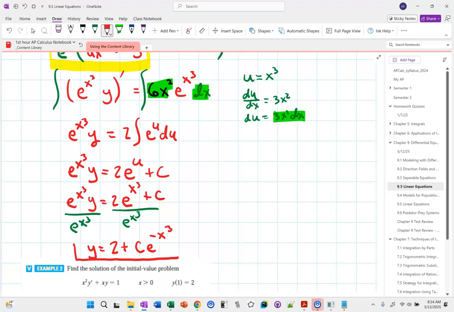And that can be our final answer. Or you could write it as c over e to the x cubed if you wanted. Also, that's fine. Same difference, right?